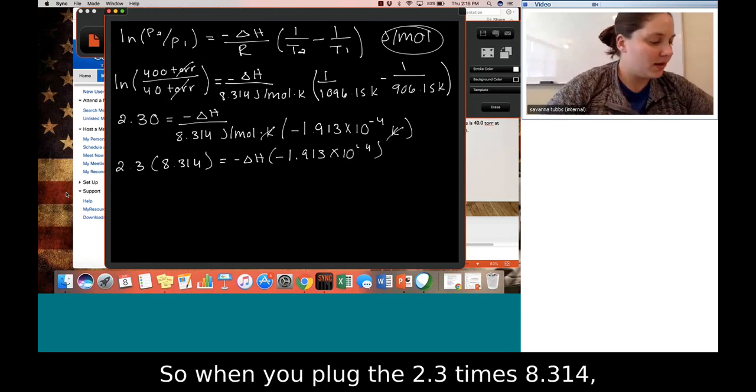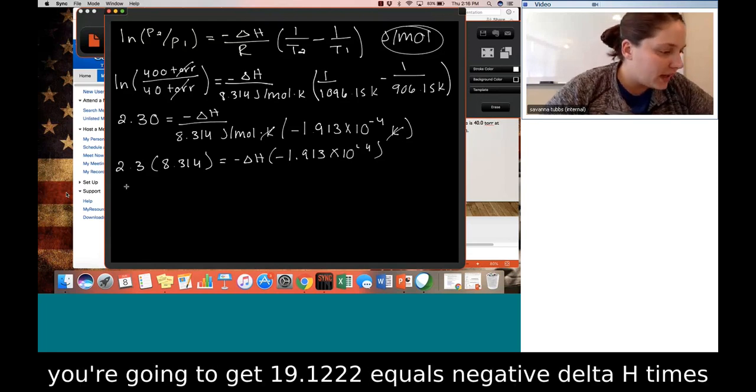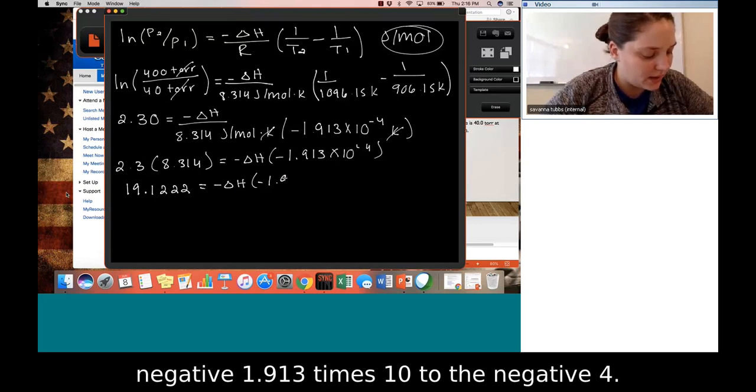So when you plug in 2.3 times 8.314, you're going to get 19.1222 equals negative delta H times negative 1.913 times 10 to the negative 4.